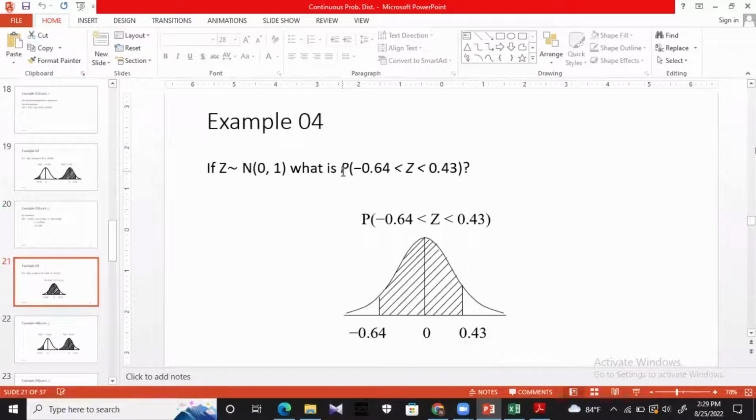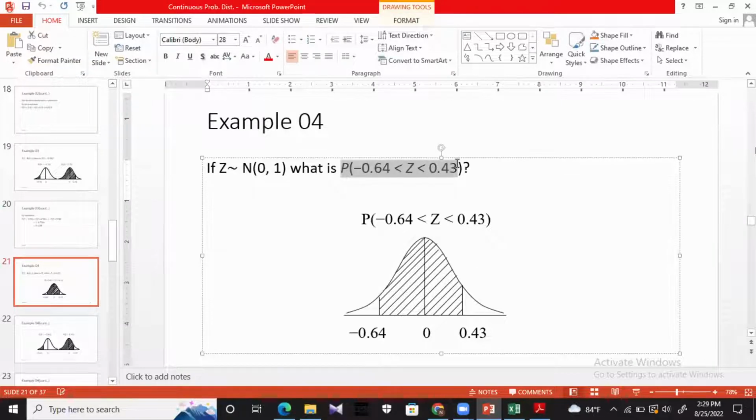First of all, better to draw the required probability in a distribution like this. Otherwise, it would be difficult. So write this inequality or write this probability first and try to draw the distribution then.